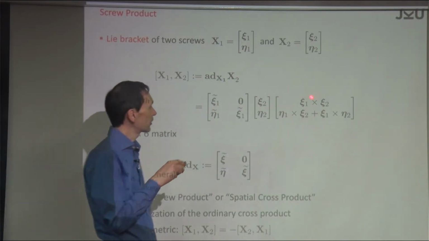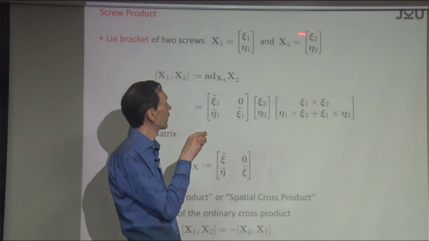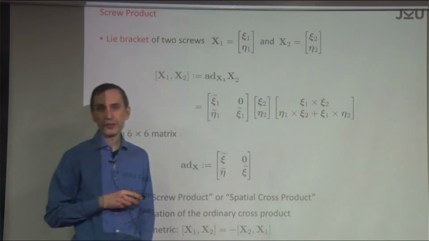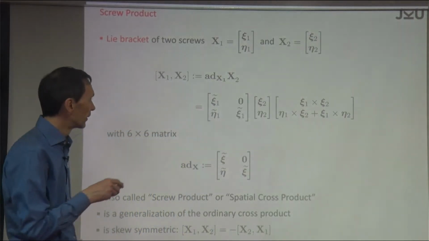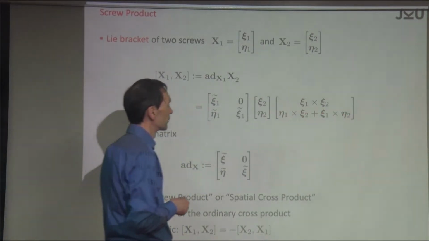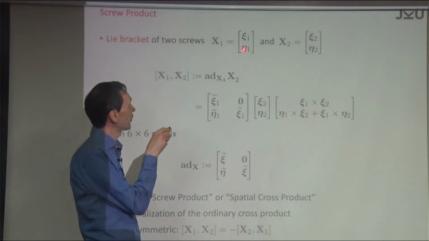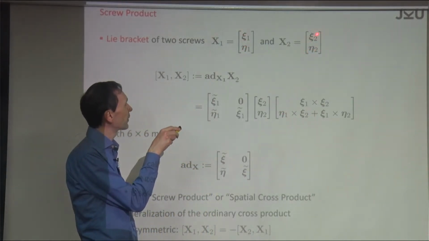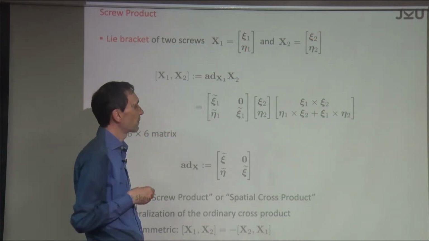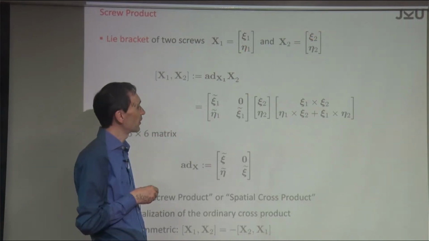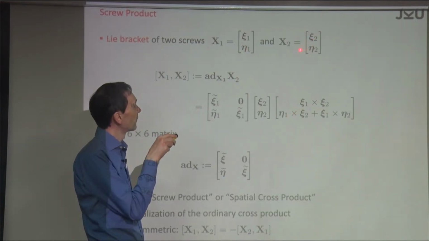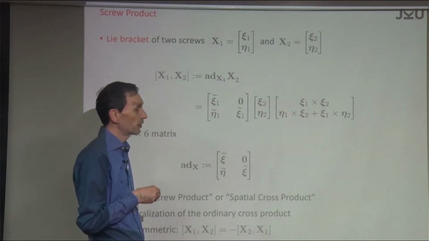The first part is just the cross product of the angular parts of the screw coordinates. The second one is something different. It's the cross product of this and this, minus the cross product of this and this. When I say minus, it's the same as plus if I swap these arguments.